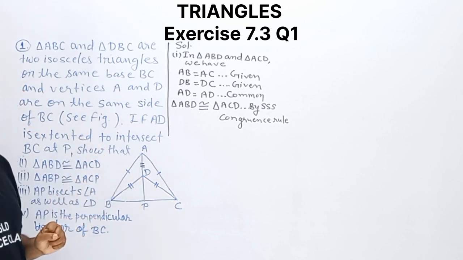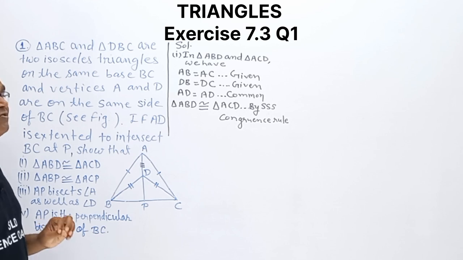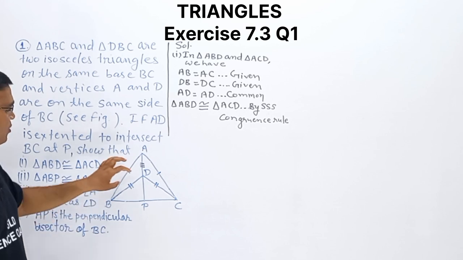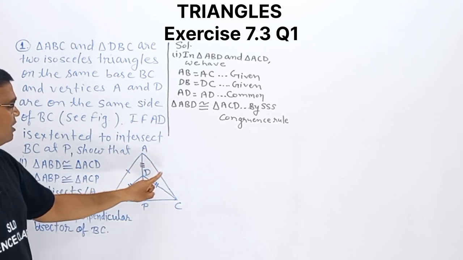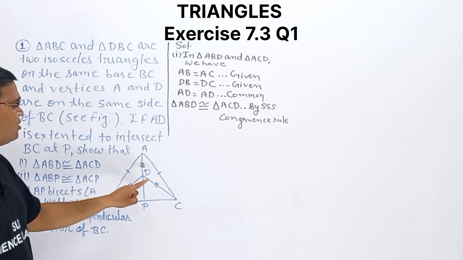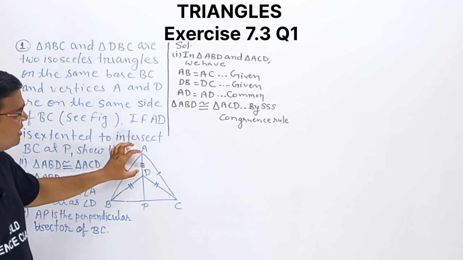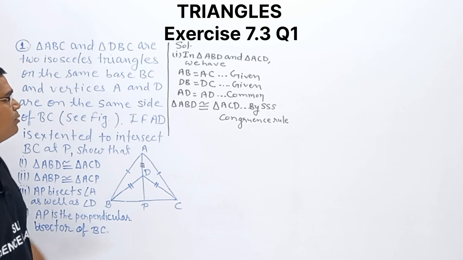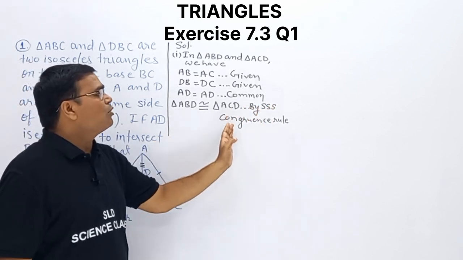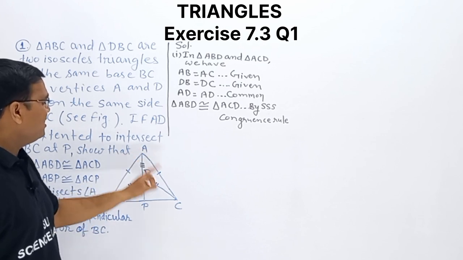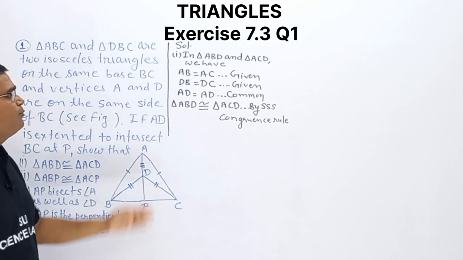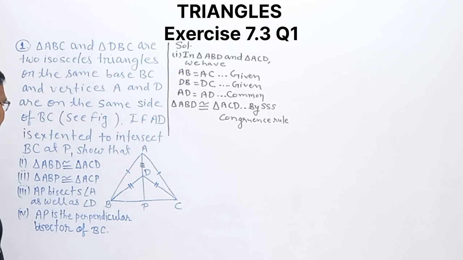What is the meaning of congruent? Two triangles are congruent if corresponding parts of these triangles are equal. So AB is equal to AC, DB is equal to DC, and this side AD is common in both triangles. So from the side congruence rule, these two triangles ABD and ACD are congruent. We proved this one. Clear?